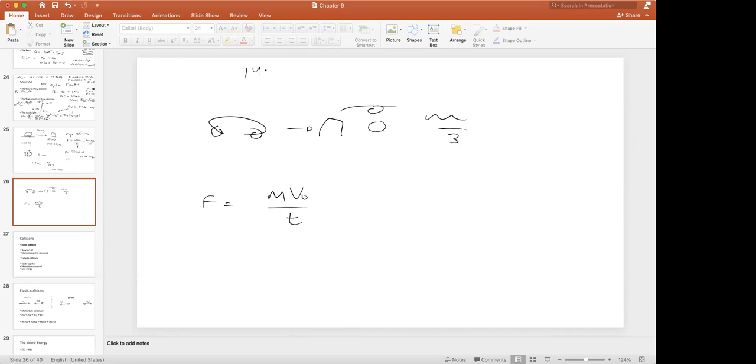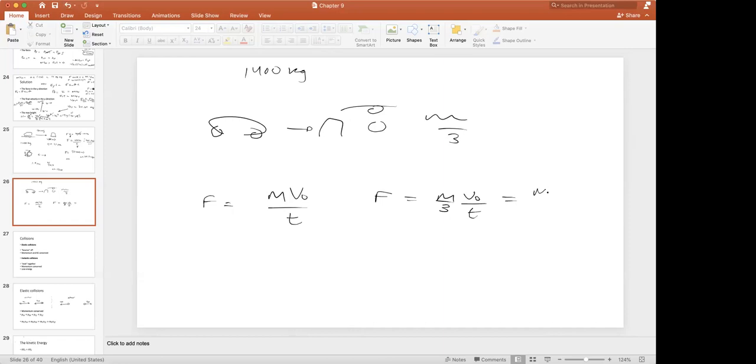So let's say your 1,400 kilogram car now, when it hits, the mass is reduced by a third. And so the force is equal to the mass divided by 3, V naught over T. And as we said, this was what, 30?